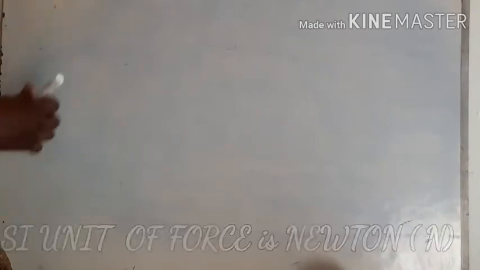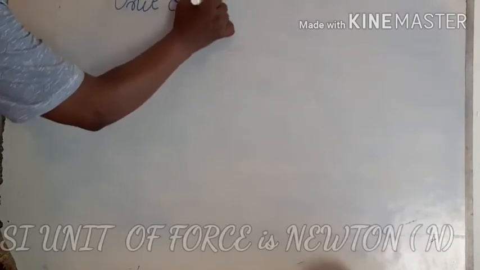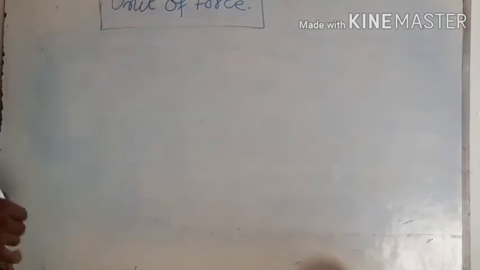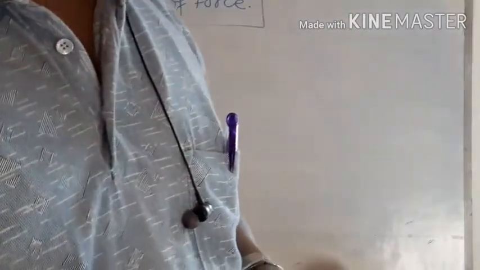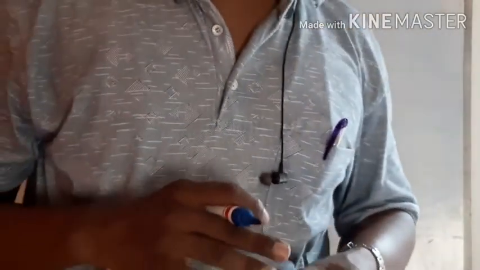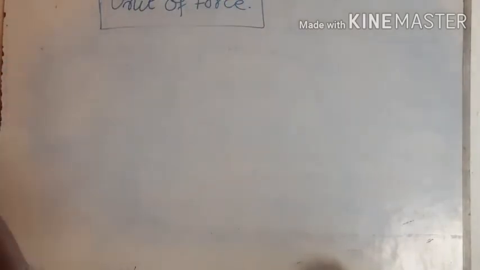So here we will see what is the SI unit of force, in which physical unit force is measured. For example, we measure mass in kg, that is the SI unit of mass, length in meter, that is the SI unit of length, and time in second, that is the SI unit of time. Similarly, what is the SI unit of force?